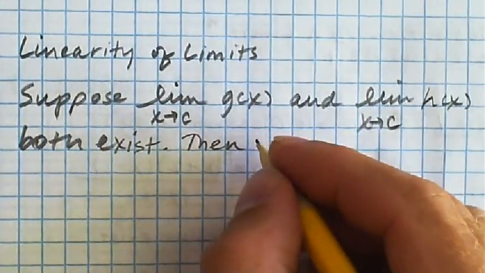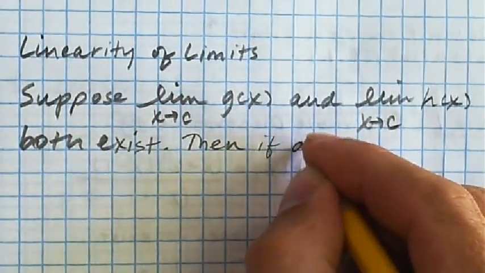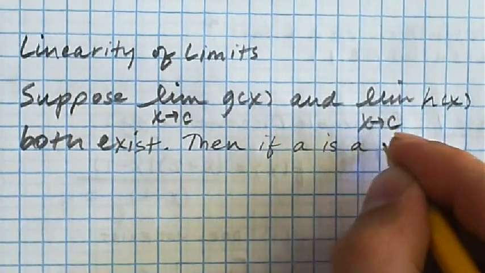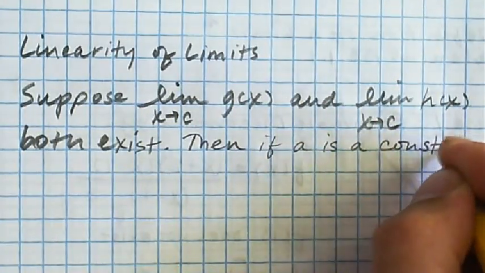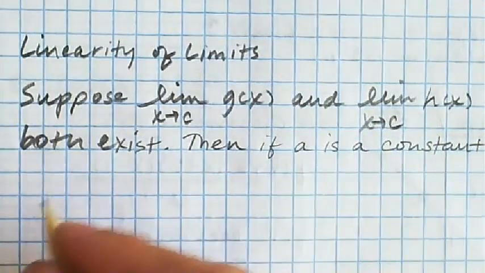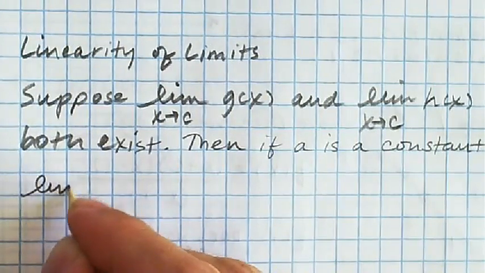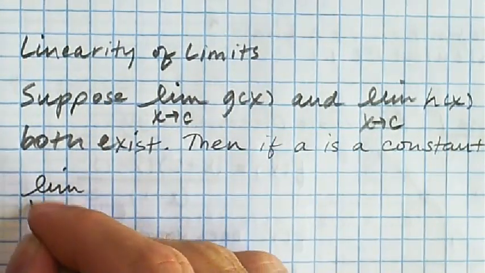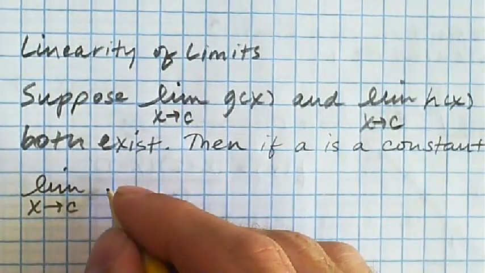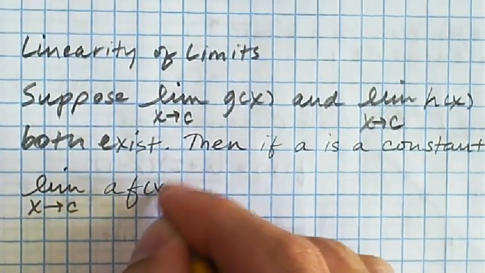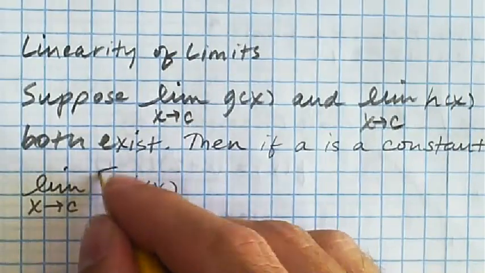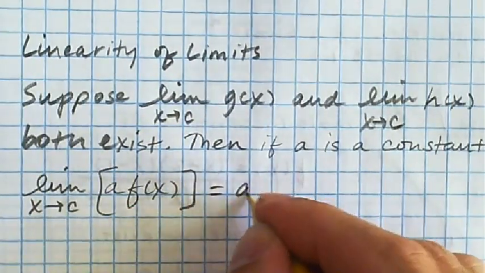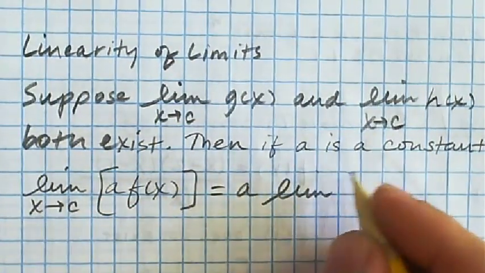Then if a is some constant, the limit as x approaches c of a times f of x is equal to a times the limit of f of x.